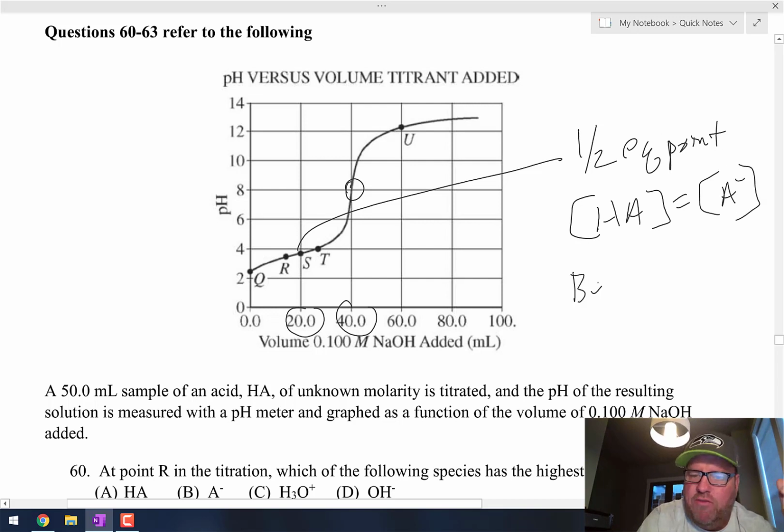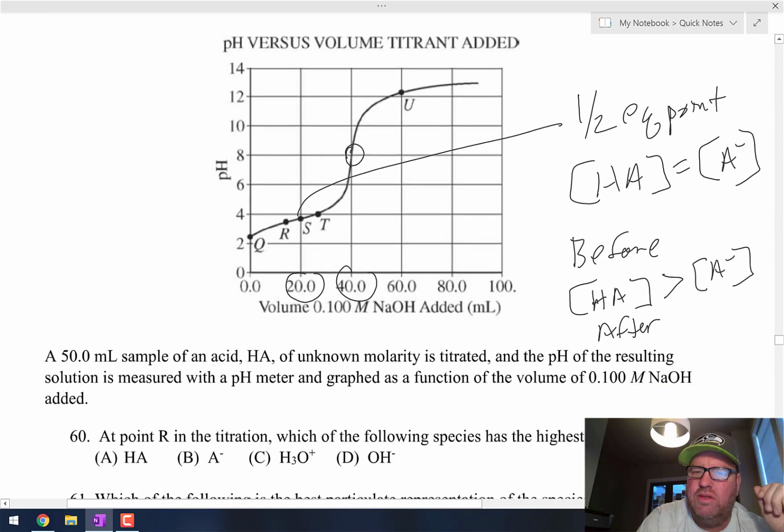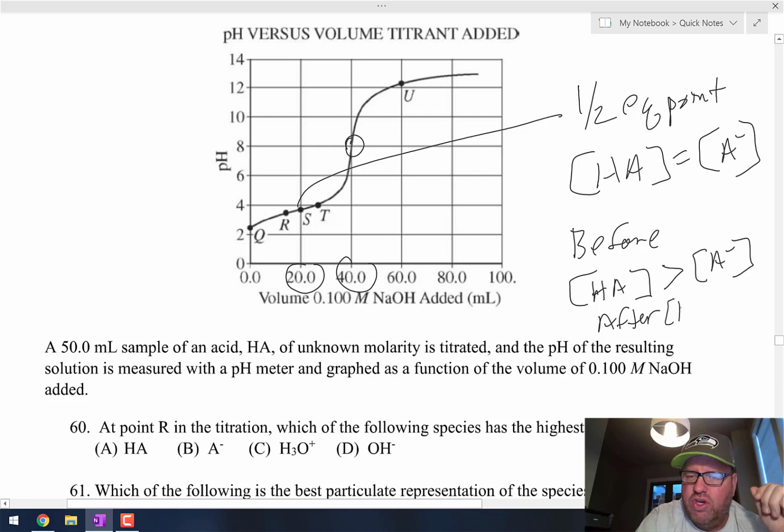Before the half equivalence point, the concentration of the acid is greater than the concentration of the conjugate base. And then, of course, after the half equivalence point, the concentration of the acid is less than the concentration of the conjugate base.